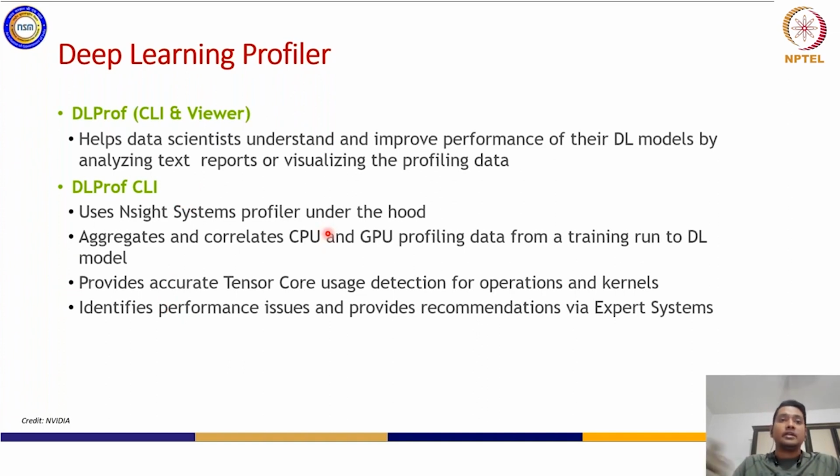So if, let's say, your tensor cores are underutilized based on the other cores that are being utilized inside your GPU, this expert recommender system will tell you that these are not utilized, so you can use these libraries to enhance the usage. Or maybe you have some data bottleneck or memory bottleneck.